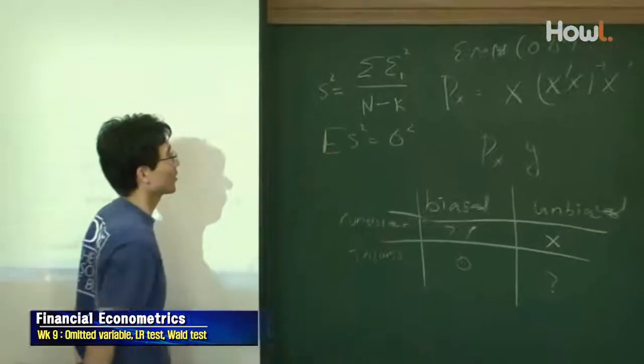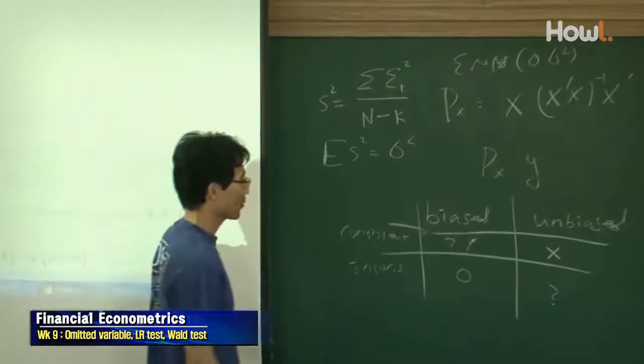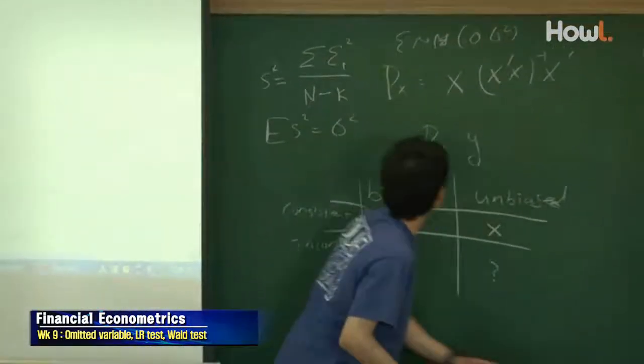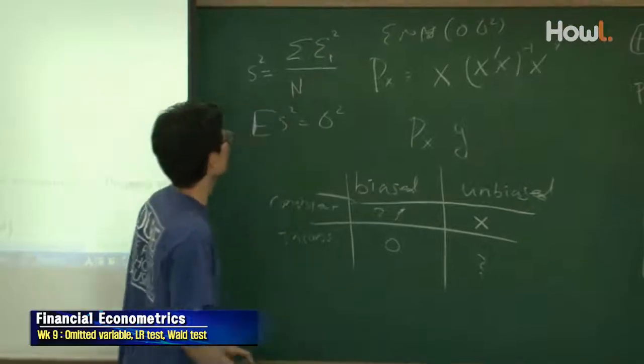Clearly this is an unbiased estimator. But people tend to use the other one as well, dividing by n.